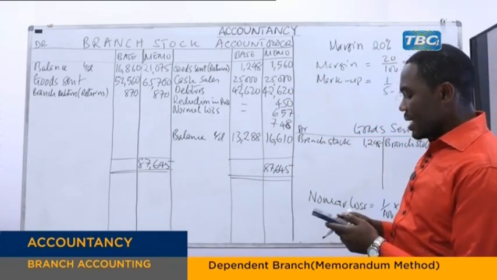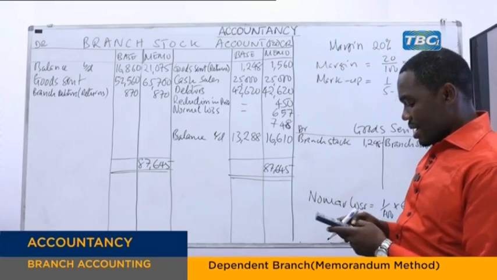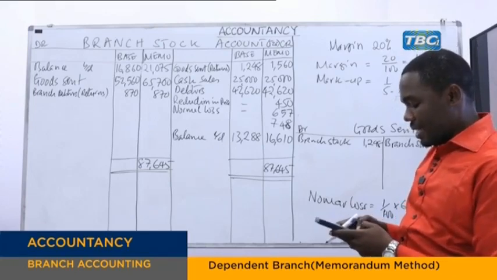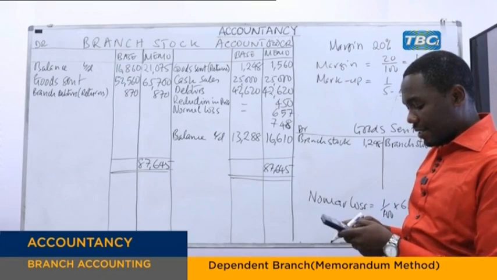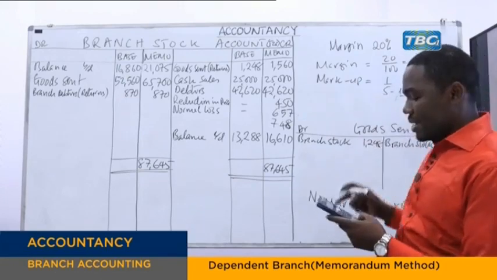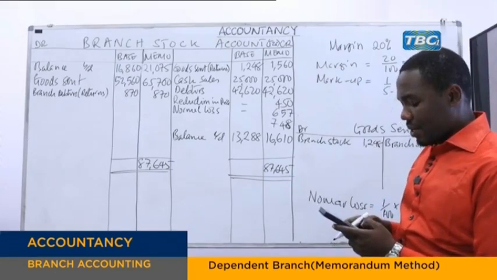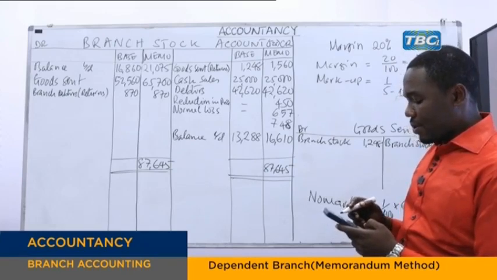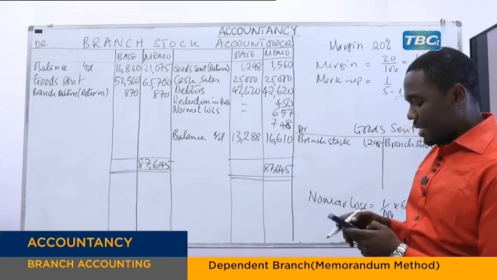So take 748 times 1/5, the margin. We get the profit loading of 150.